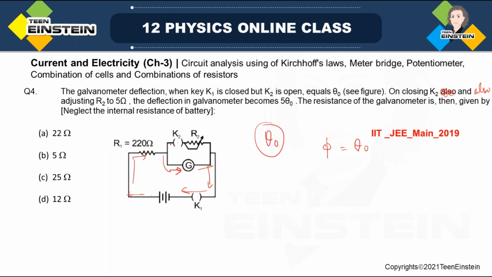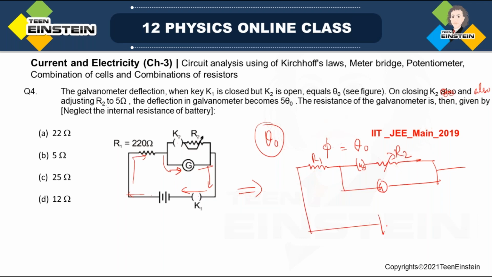Now see, I have both this K2, this is variable resistor R2, this is R1 say, and this is the galvanometer over here. This thing is actually now connected to the battery.